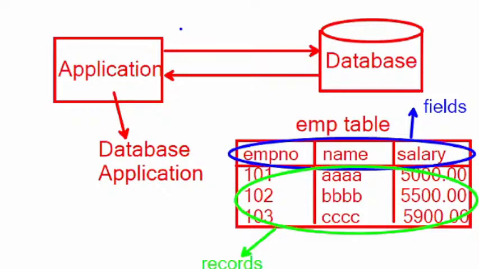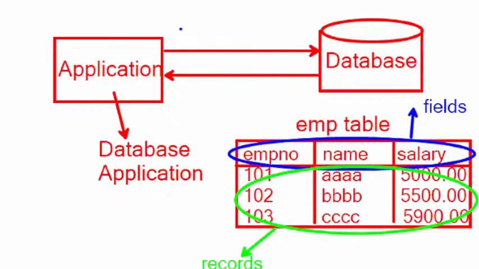I'll ask questions, give me the answer, whatever has been studied up to here. What is an application? An application is a program with which we interact on the desktop. If you write any Java program and interact with it, that program is called an application. What is a database application? An application communicating with a database is called a database application.